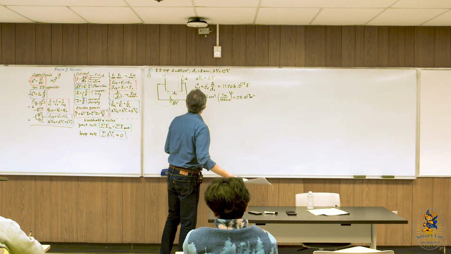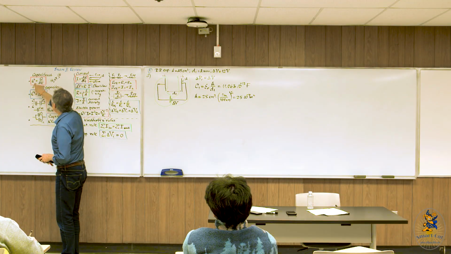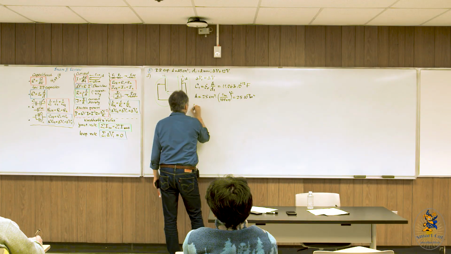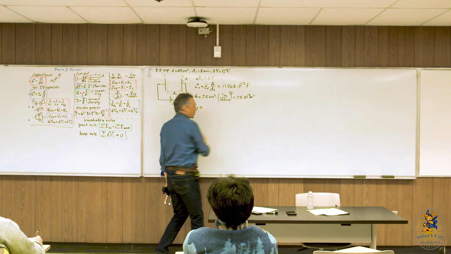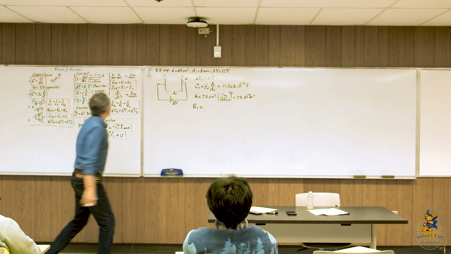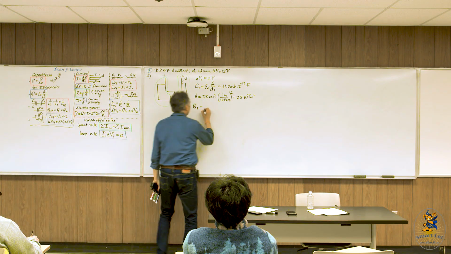Okay, so now delta V we found, capacitance we found. Now we need to find the charge. And again, I will put a subscript 1 because it's the charge in the capacitor in part A. So Q1 will be C times delta V, right? So C1 times delta V1.